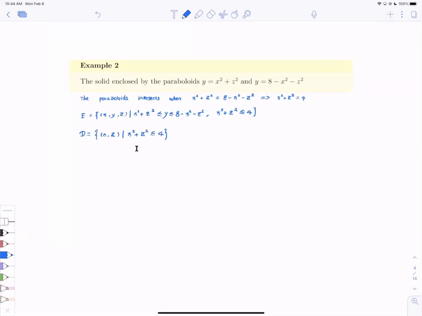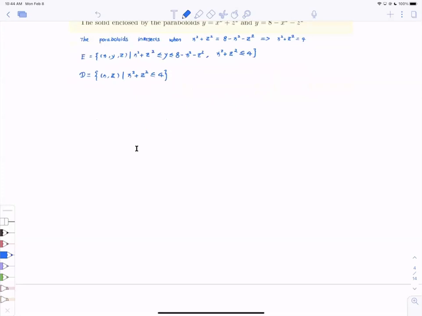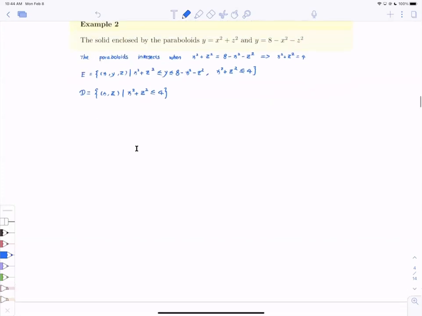Now, using polar coordinates, let's compute the volume. Volume equals the triple integral of E dV, which equals the double integral over D of the integral from x squared plus z squared to 8 minus x squared minus z squared dy, then dA.